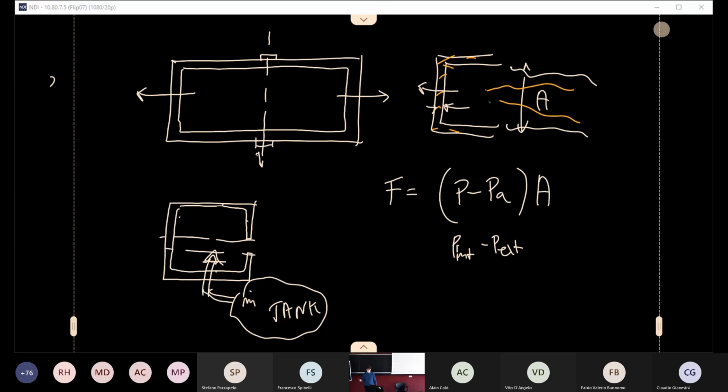But here it's unbalanced. So if this is the exhaust area, what we have here is an unbalanced force, which is P minus PA, by the area corresponding to the unbalanced force.